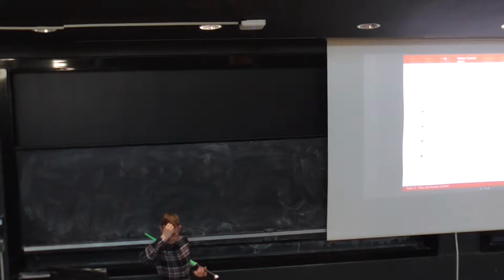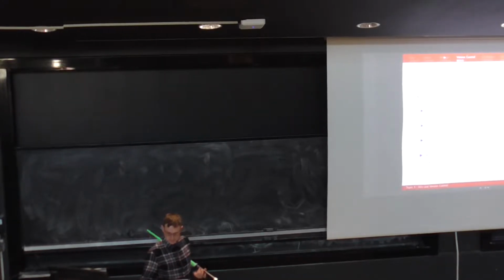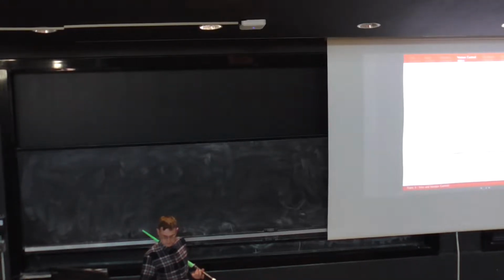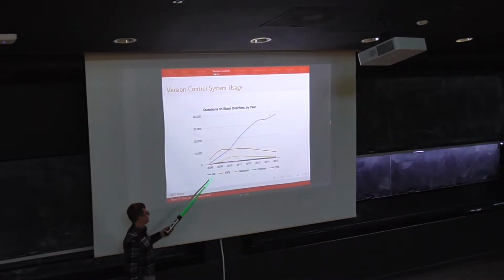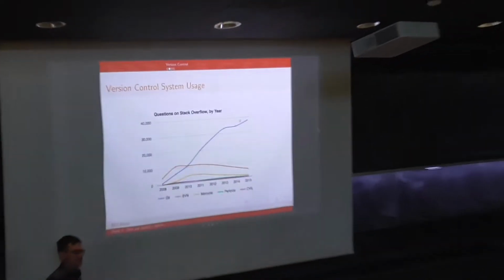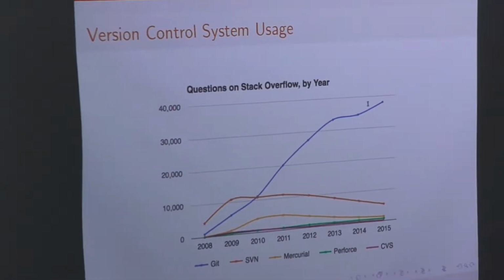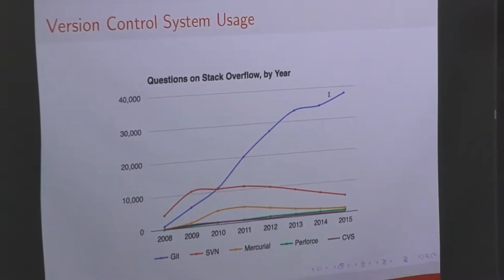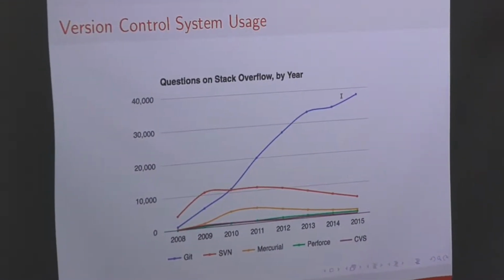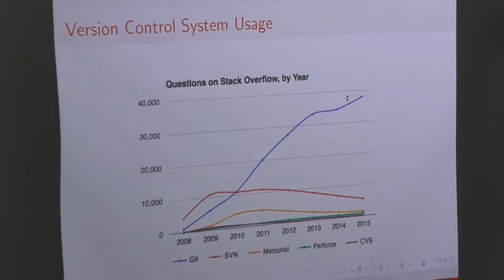This is a rough estimate of the popularity of various forms of version control through the years. You can see it's ending in 2015, which is quite some time ago now, but you can see what the general trend was at that point.